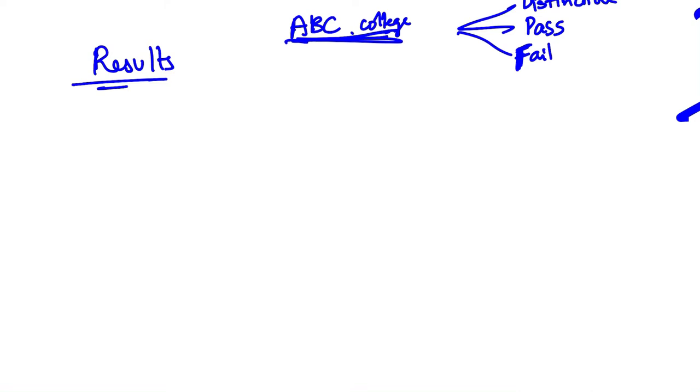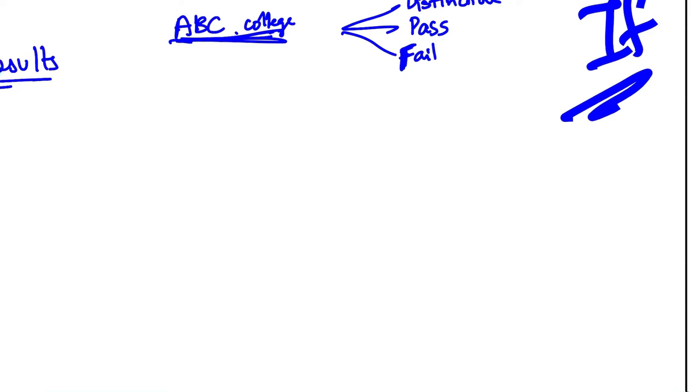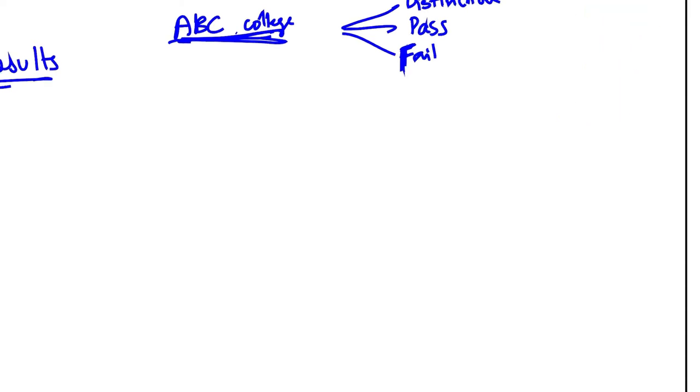If we want to write a program to classify students based on this, there are certain things: if the overall marks are greater than 90, then the student is in distinction. If it is greater than 40 and less than or equal to 90, then it's pass.